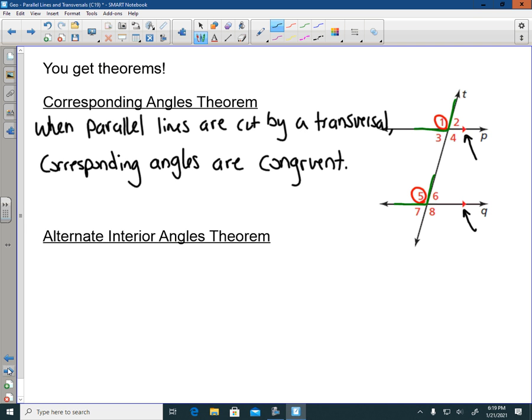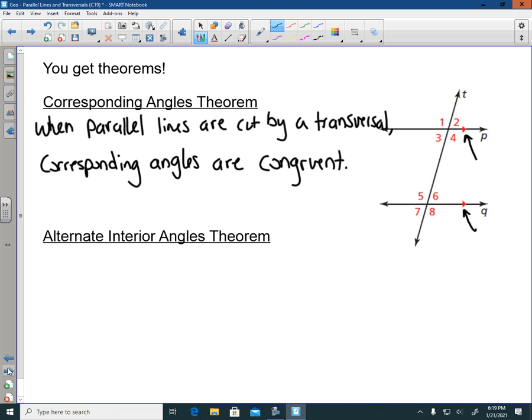And this is awesome because now if you know the measure of angle 1, you know the measure of angle 5. If you know 3, you know 7. If you know 2, you know 6. Because all you need is 1 because you know that they are the same. So then let's take a look at alternate interior angles.